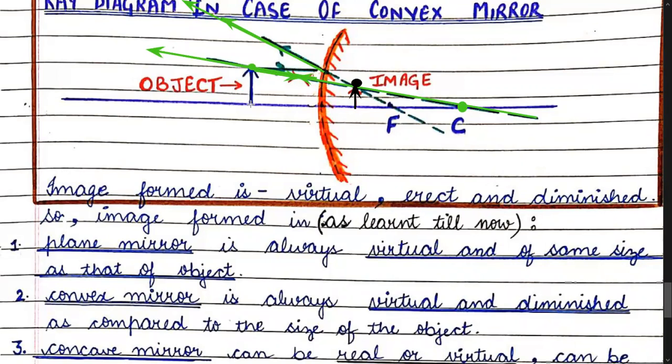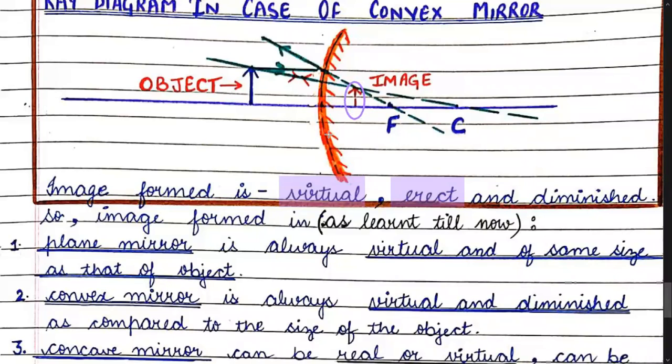So since the image is formed behind the mirror, students, what will occur here? If the object is standing in an upward direction, the image is also in an upward direction. So the image formed is erect, and whenever the image formed is erect, it is known as a virtual image. And as we have discussed earlier, a virtual image is always to be drawn dotted.